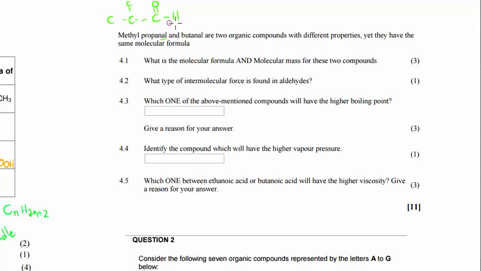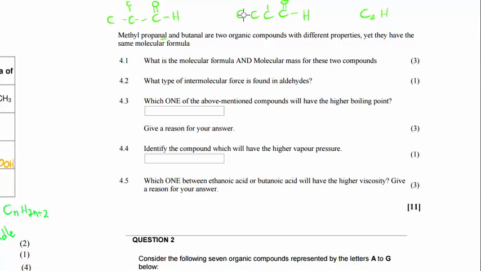Okay, so there's methylpropanol, and then butanol is exactly 1, 2, 3 carbons, 4 carbons, sorry, with the H. So they've got the same molecular formula because both of them is C4H8O.